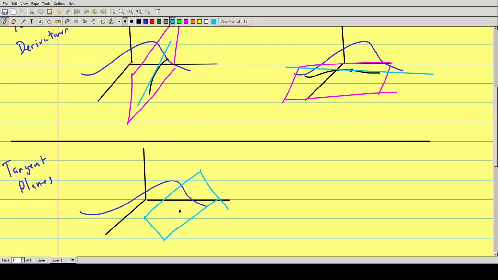Now, it is very difficult for me to draw a sketch that really shows what's going on here. But what I want you to imagine, whether you have stuff sitting on your desk or just in your mind's eye, is a basketball, or some other sort of sphere. You can grab a piece of paper or a note card and lay that note card on the surface of the sphere at a point.